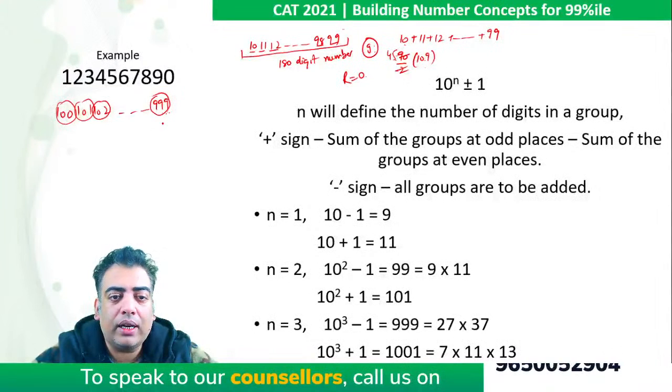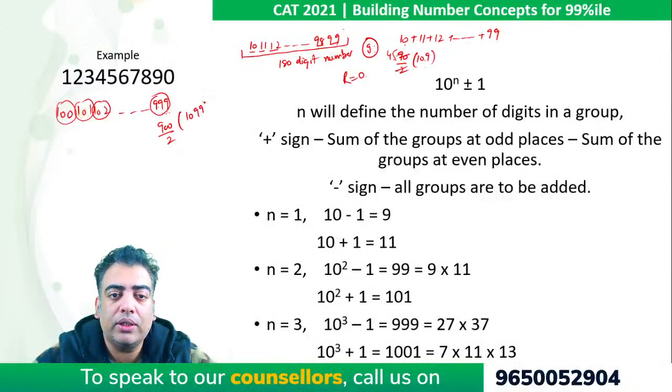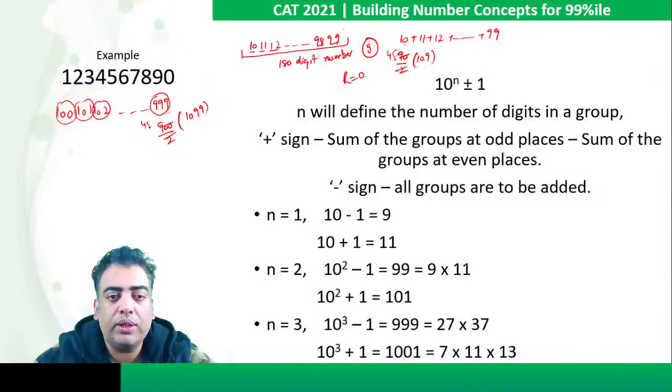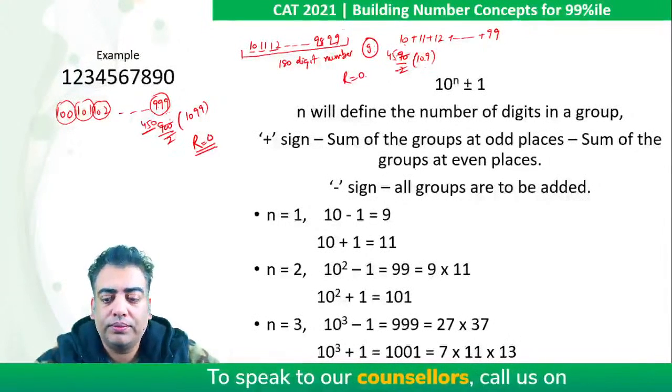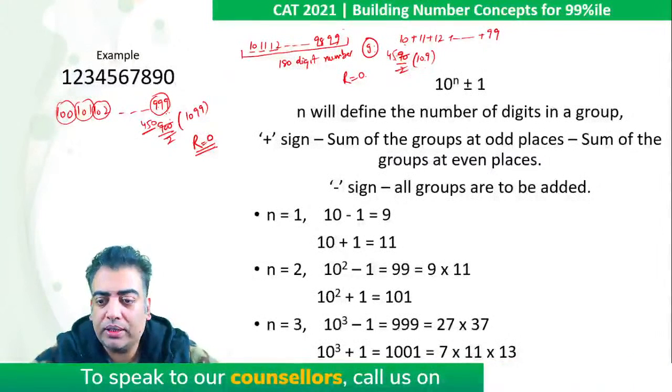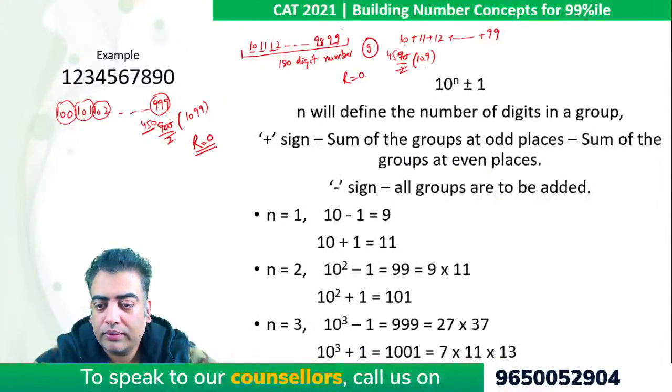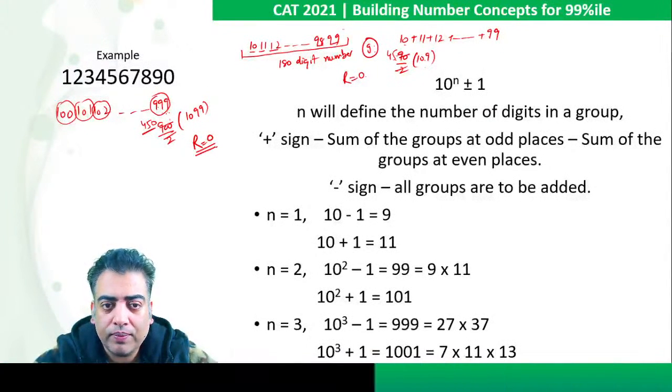So there are a total of 900 numbers, divided by 2 into 100 plus 999, which comes out to be 1099. So when you divide this number by 9, because 450 is a multiple of 9, the remainder comes out to be 0. So guys, please check it out. I hope it is clear. Tarun, which part do you want me to explain again?